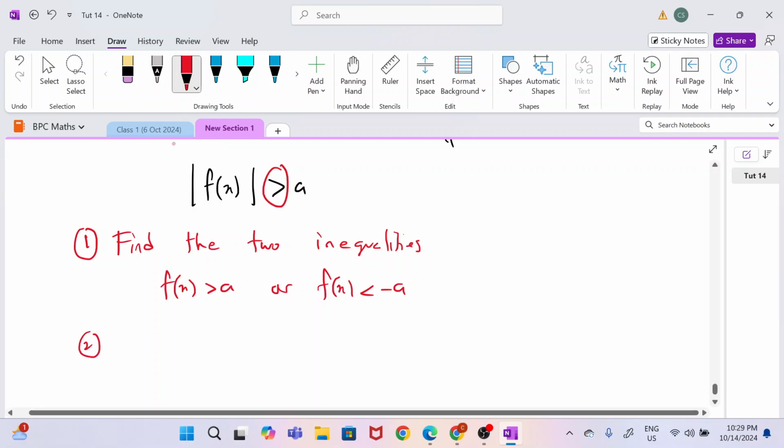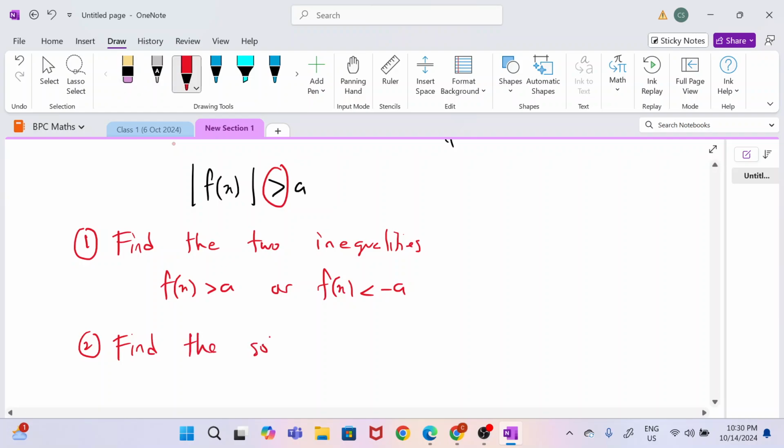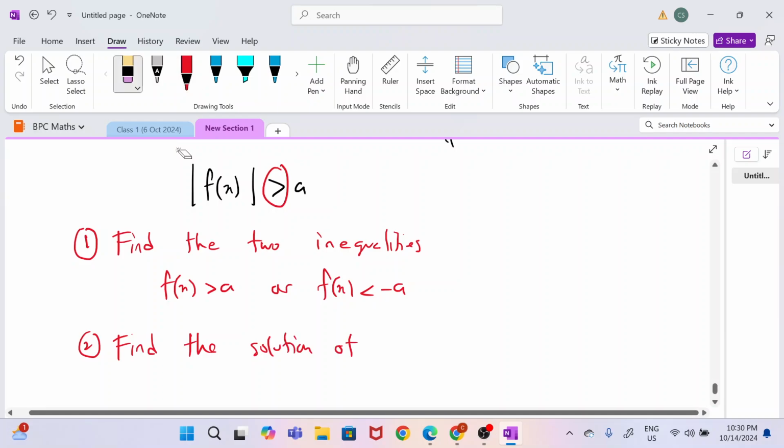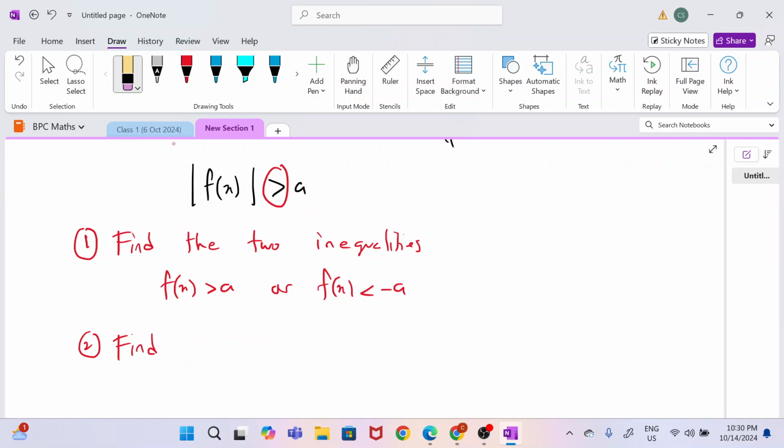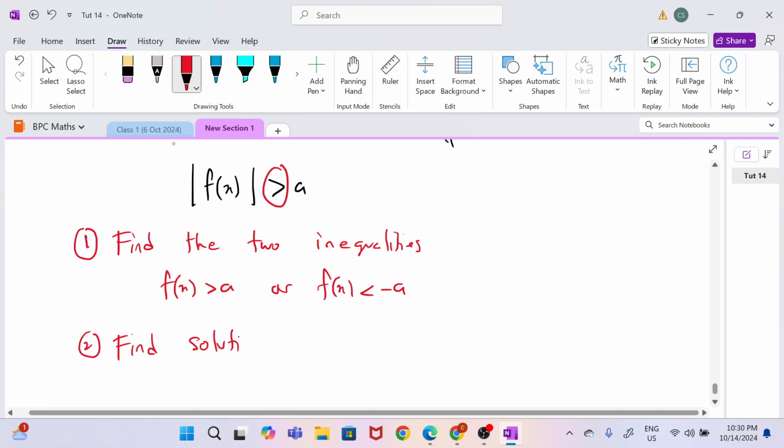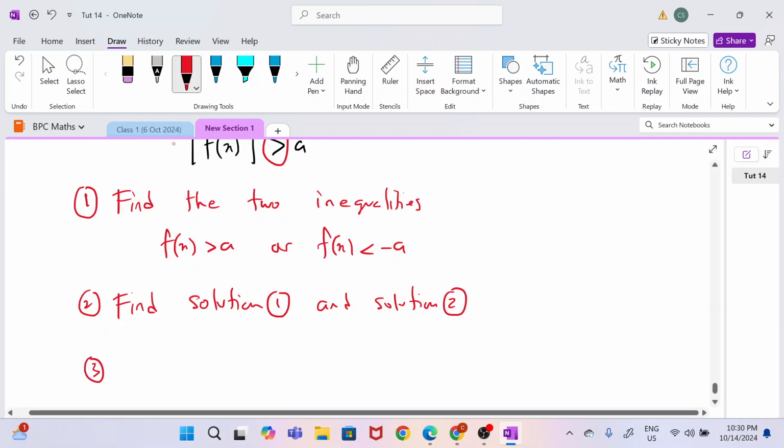Second, find solution 1 and solution 2. Then number 3, you don't need to find the intersection, just write solution 1 and 2.